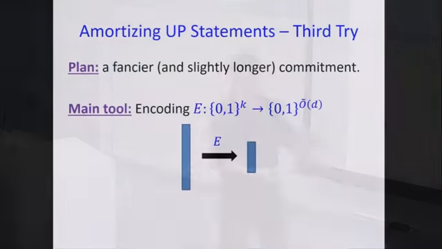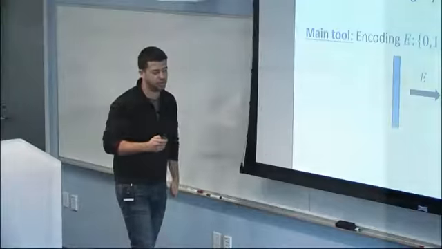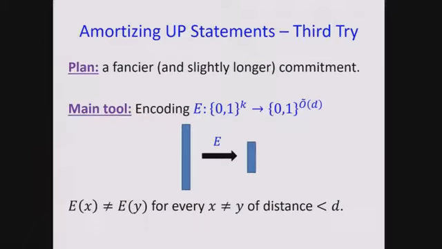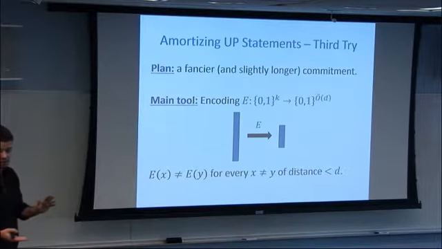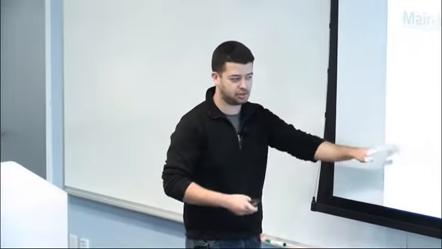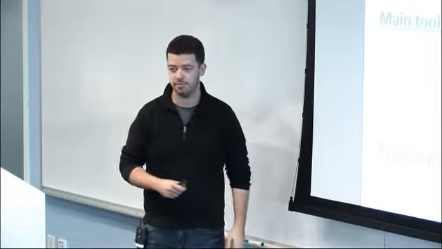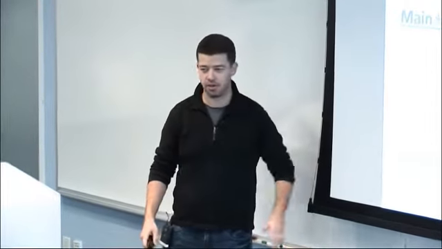It has the following property: if you take any two x and y at distance less than d, their encodings are different. It's very easy to construct these encodings. You can do it efficiently, and it's tightly related to error correcting codes. So this is the type of encoding that I want to use.